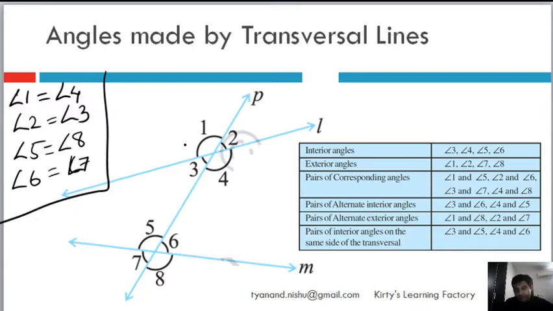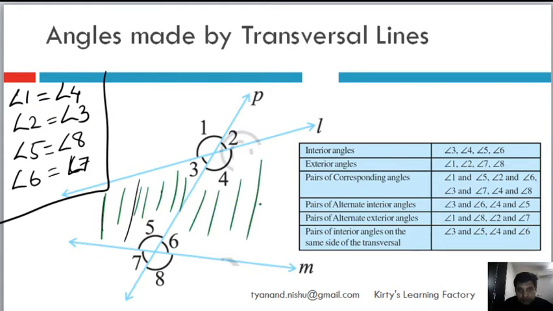So when I look at this intersection, and since the second line is this, let's look at the area which is lying between these two lines. Okay, let me change the color. I will look at the area which is lying between these two lines. Whatever angles I see on the inside of these two lines are interior angles. Interior means andar ka.